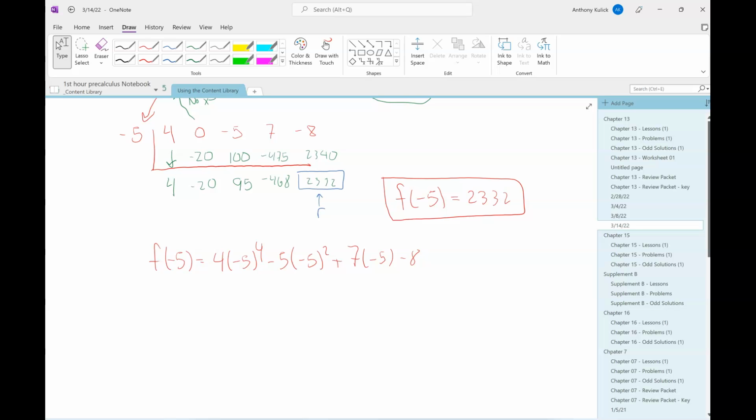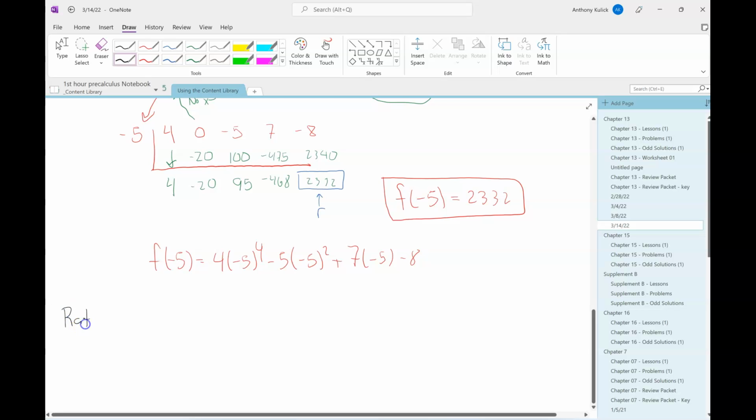So the next tool along this route is called the rational zeros theorem. And it says for a polynomial f of x equals, and then we're just going to write the general form for a polynomial.